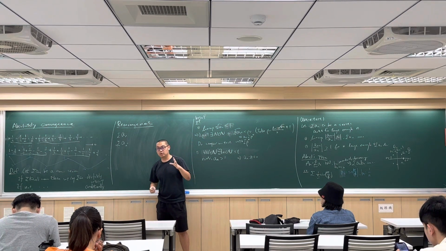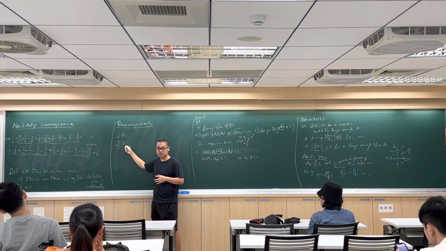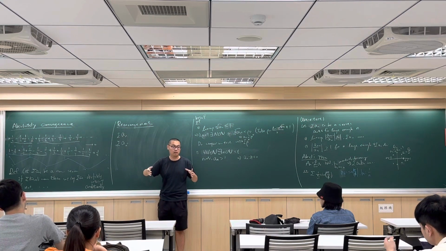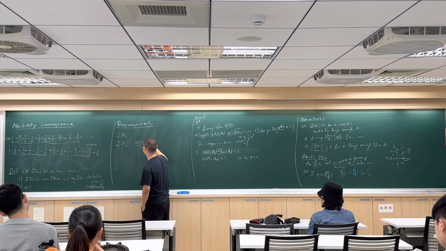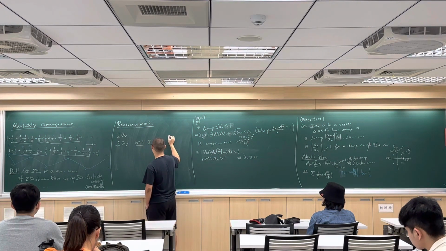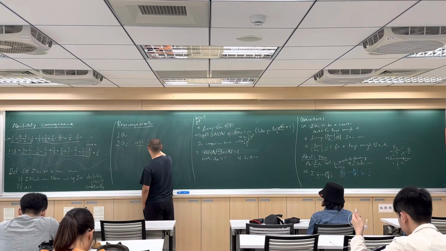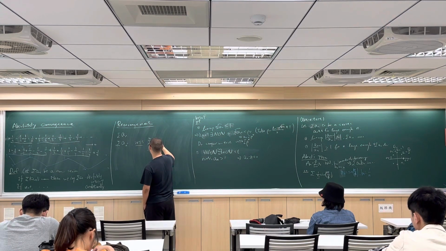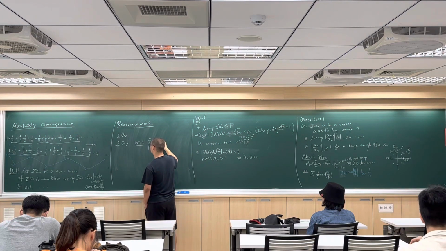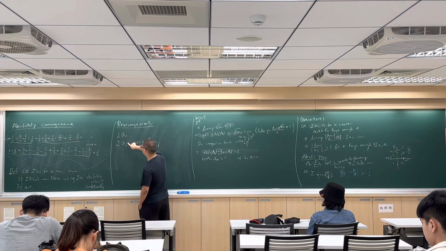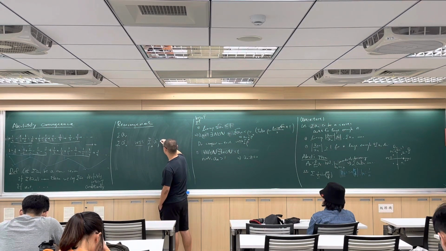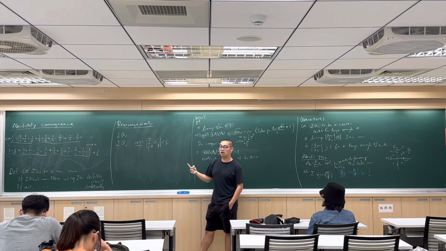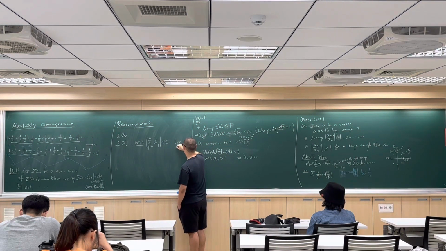We want to show that this one converges, so we need to control the sum from j equals n to N of the absolute value of A_j prime, for n large enough.